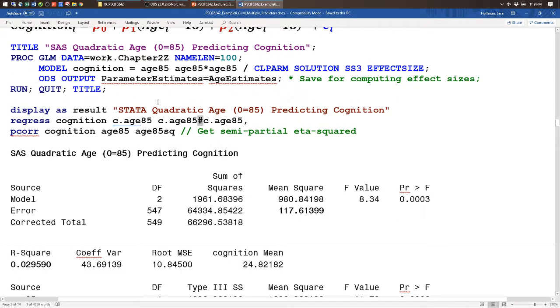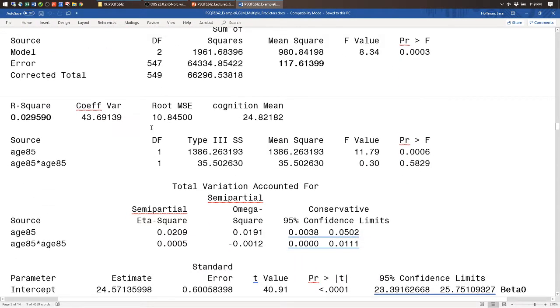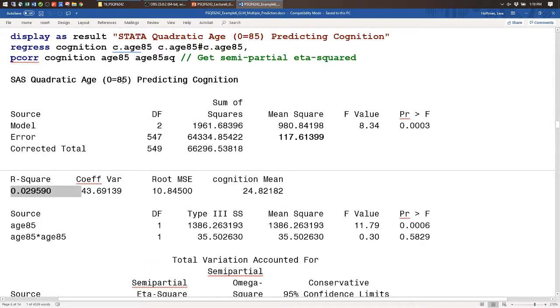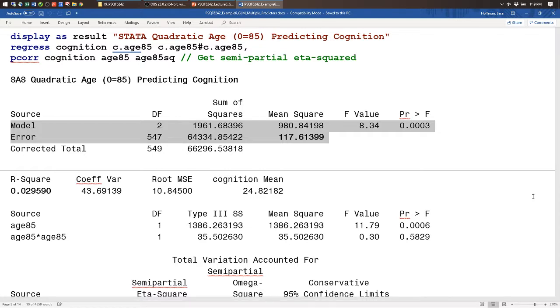So quadratic age. Now in this case, R square looks maybe a little bigger. So after adding in quadratic age, now my model has two slopes in it, right? Now is my model significant?